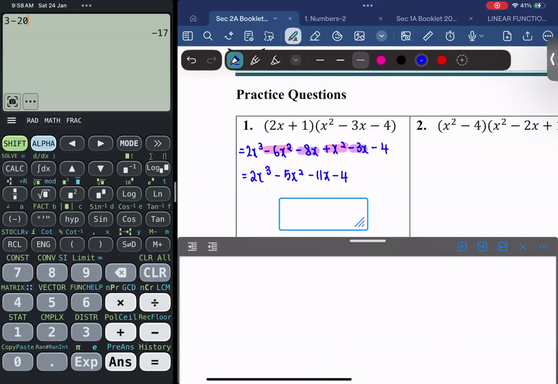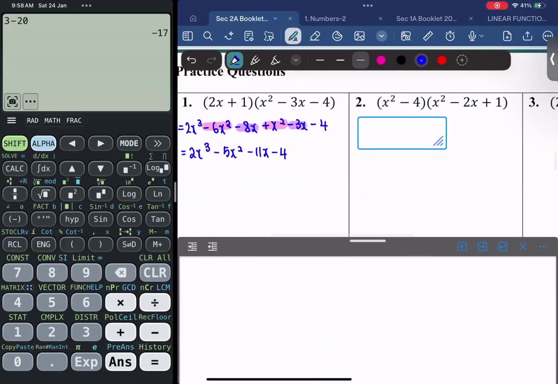Okay, then I cannot talk already. So, Chen Yi, give me the first working for question 2. Then we move down the row. X squared times x squared, so how many x are there? What's the x to the power 4?